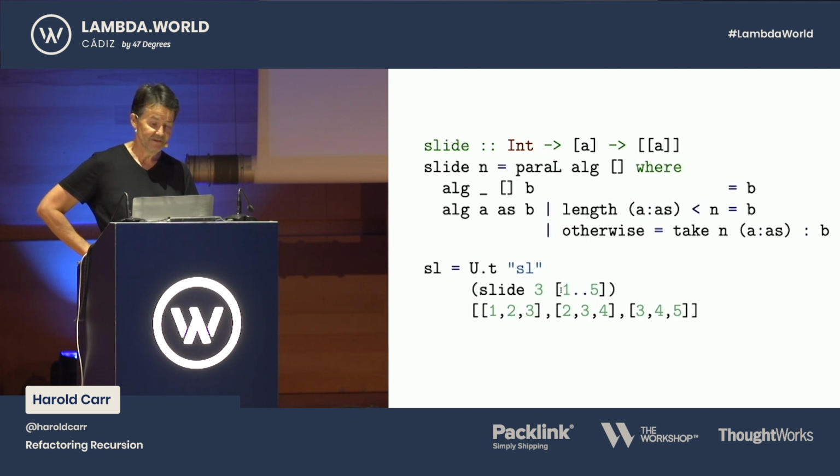Which is saying, given this list 1 to 5, I first have the whole list, so I take the first 3 elements, then I get the next list from 2 all the way to 5, but I only take 3 elements, and then the 3, 4, 5.